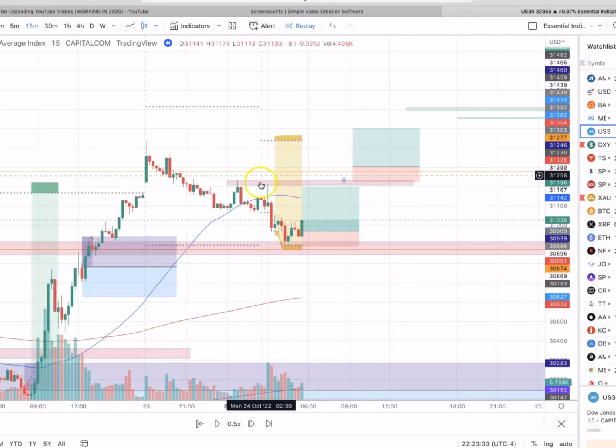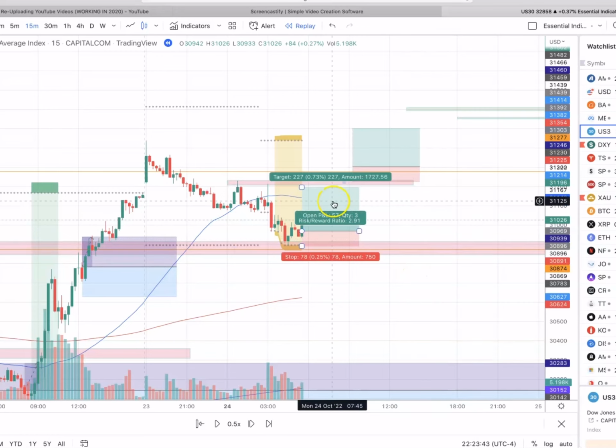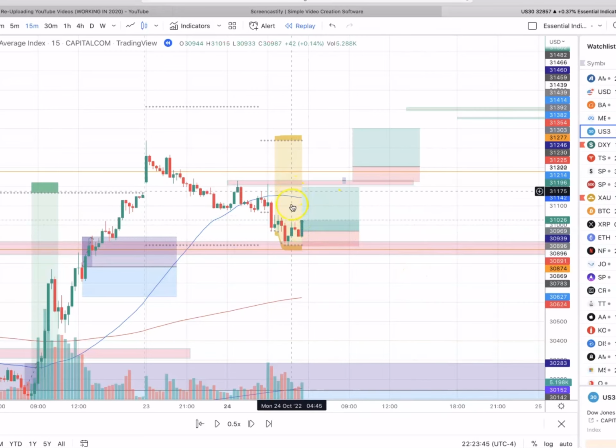Stops, people with pending orders, stuff like that. That's what the market tends to go towards. So we use that for high probability trades. So that would be the direction I'm going.